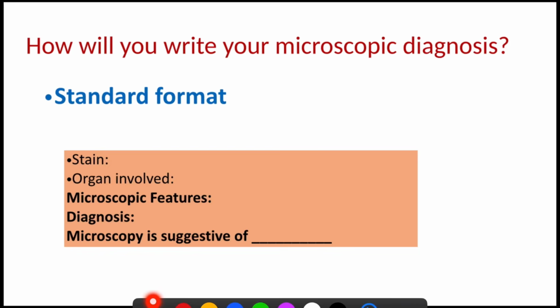Second, write down which organ you have seen, whether it is kidney, liver or lung, so that you can narrow down the diagnosis. Now, important, write the microscopic features you have identified using all three types of lenses, and finally your diagnosis, which includes that the microscopy is suggestive of this diagnosis.